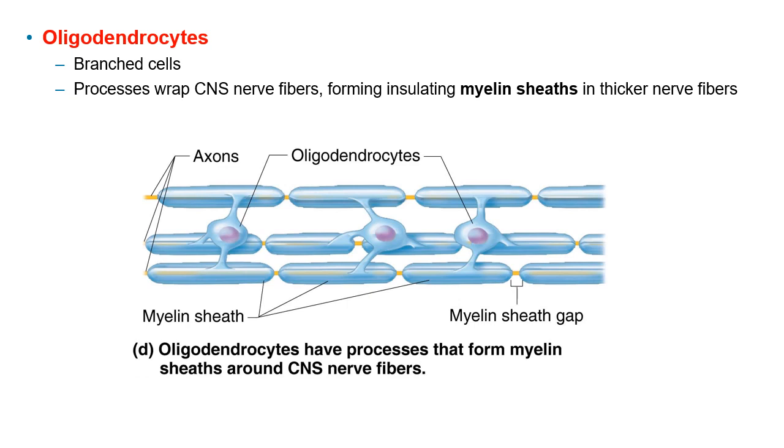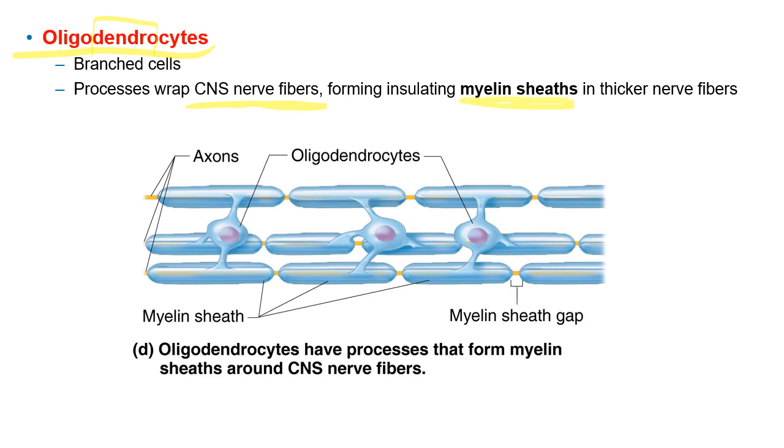Then you have these ones that I think are really, really cool. Oligodendrocytes. The name is telling you: oligo, a lot of; dendro for dendrites; cytes for cells. So cells that have a lot of dendrites, a lot of branches. Now, they wrap nerve fibers, forming something that looks like myelin sheaths.